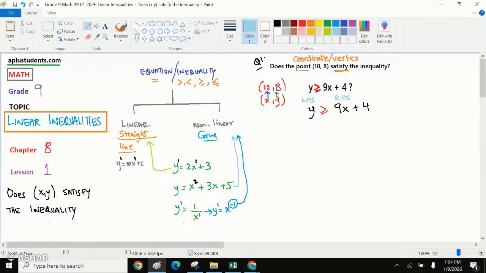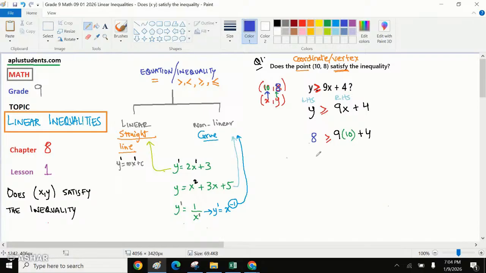Let's put down the values. What is the value of y? The value of y was 8. It should be greater than or equal to 9. What is the value of x? x was 10. And the constant comes as it is, right?